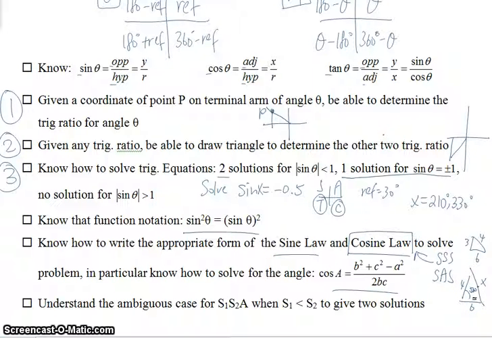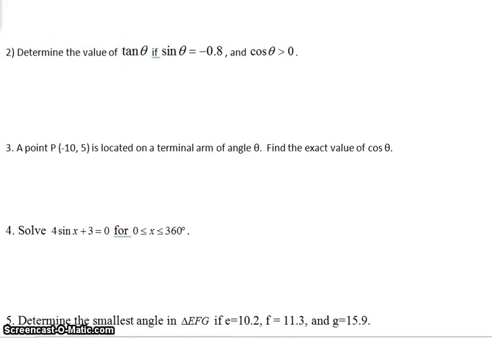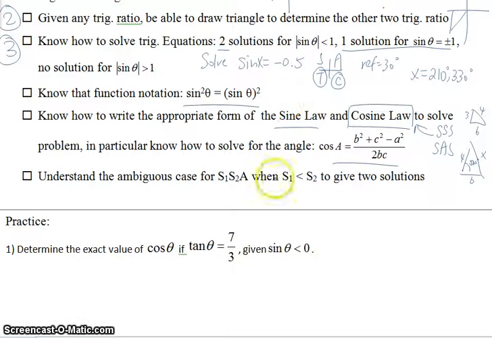Okay. Finally, the ambiguous case. We have the ambiguous case when we have SSA. So the example we have is like this. Okay, SSA. So when you're given an angle, I would like to put it there.